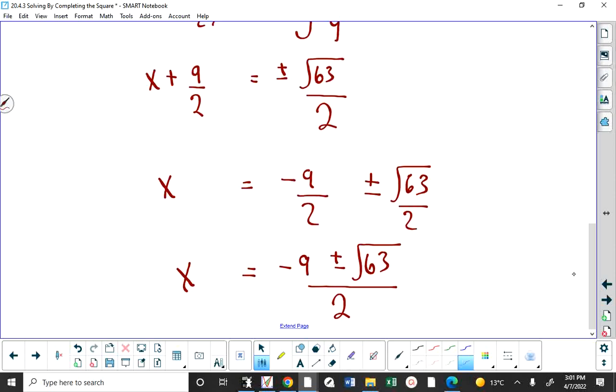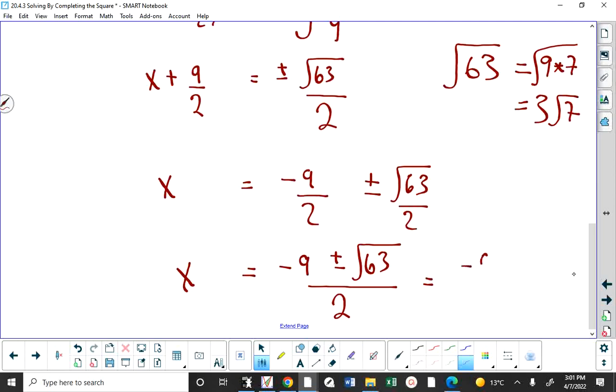And one of the things that's expected is you can simplify root 63. 63 is 9 times 7. The square root of 9 is 3. So we can write negative 9 plus or minus 3 root 7 all over 2. Those are our answers.